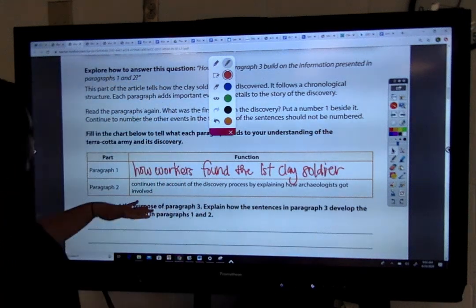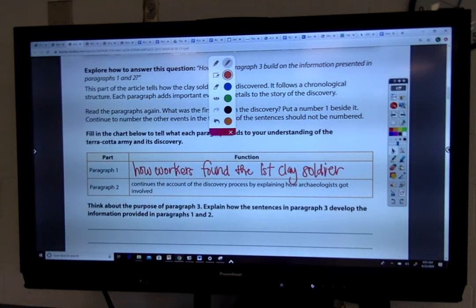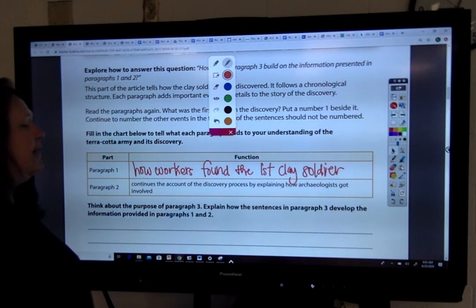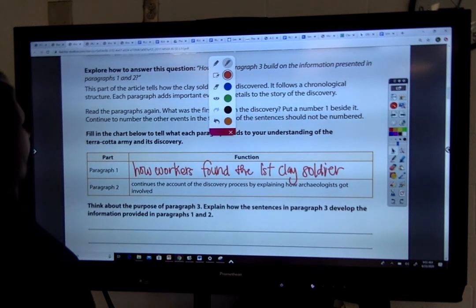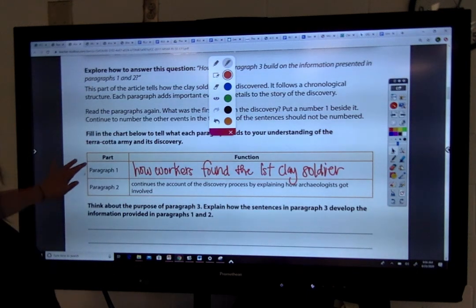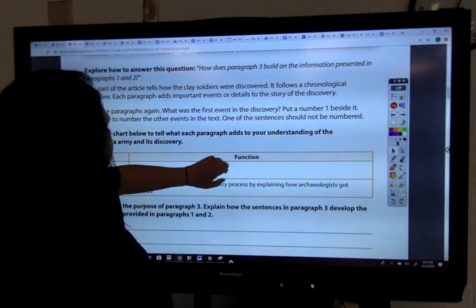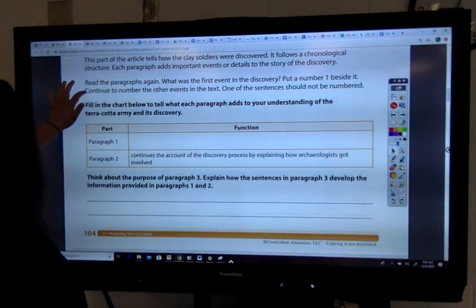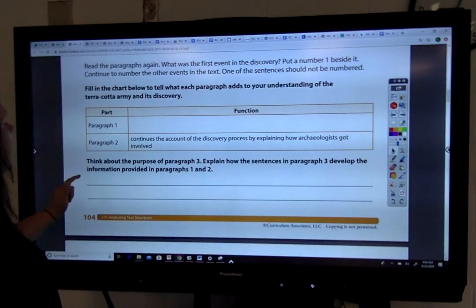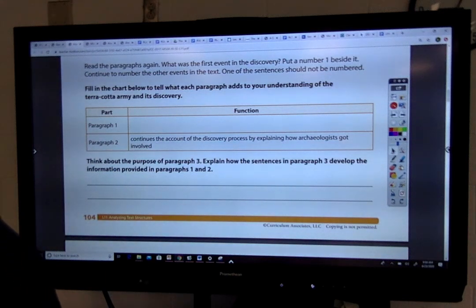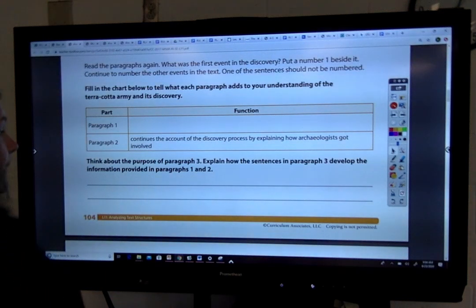Then paragraph 2 continues the account of the discovery process by explaining how archaeologists got involved. Okay, so the big thing here is how those first 2 paragraphs play into paragraph 3. It says, think about the purpose of paragraph 3.